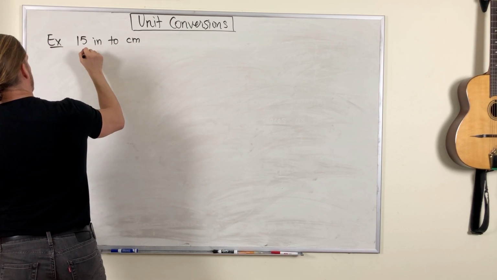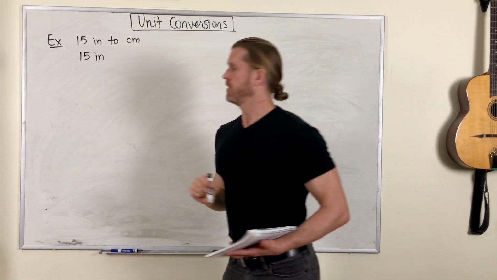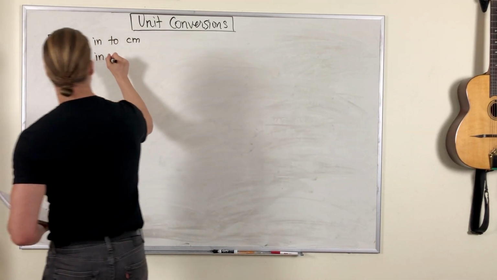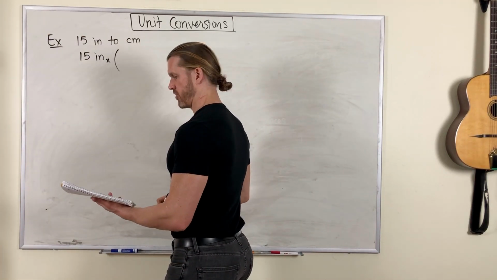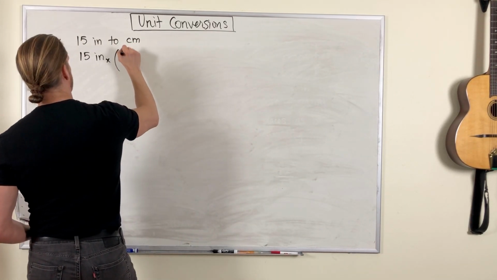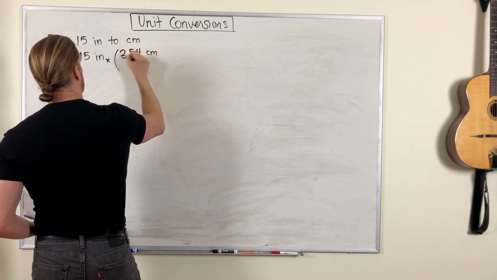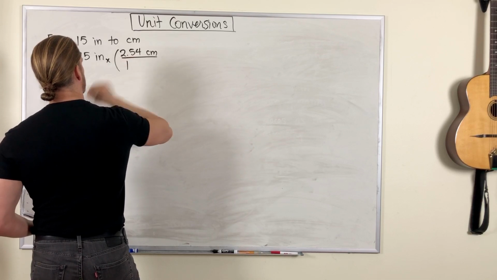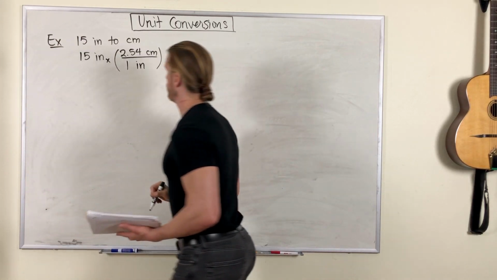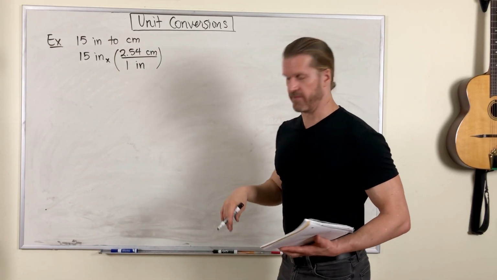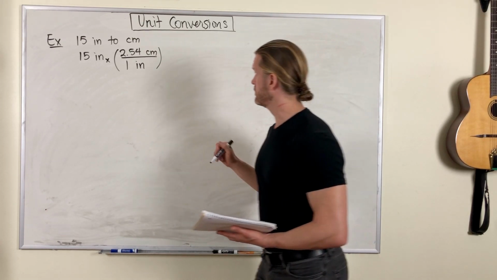And the process that I use is to start out with that given quantity and multiply by a conversion factor, where you have some relationship between the desired quantity and the original quantity, keeping in mind that units obey the rules of algebra.